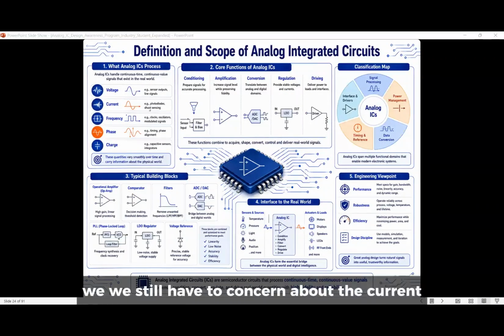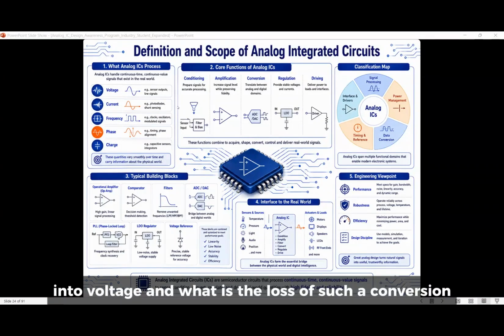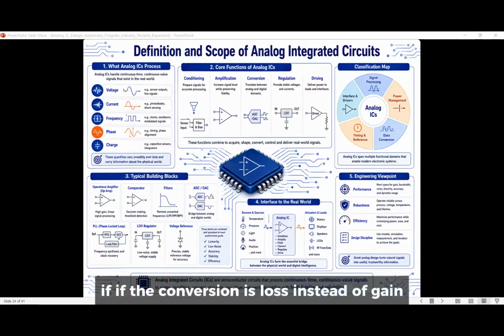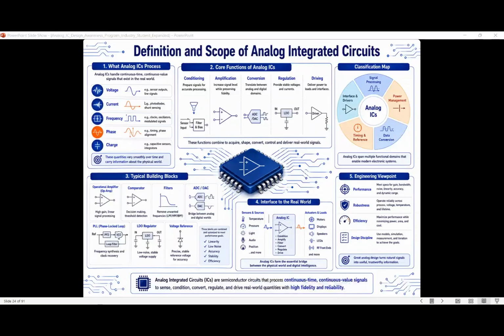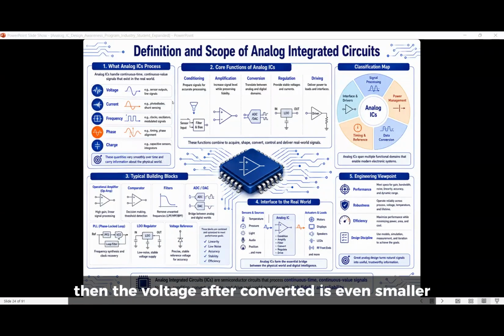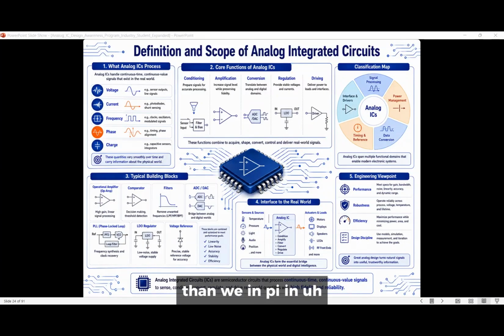So we still have to be concerned about the current, and how this current is transformed into voltage, and what the loss of such a conversion is. If the conversion is a loss instead of a gain, then the voltage after conversion is even smaller than we anticipate.